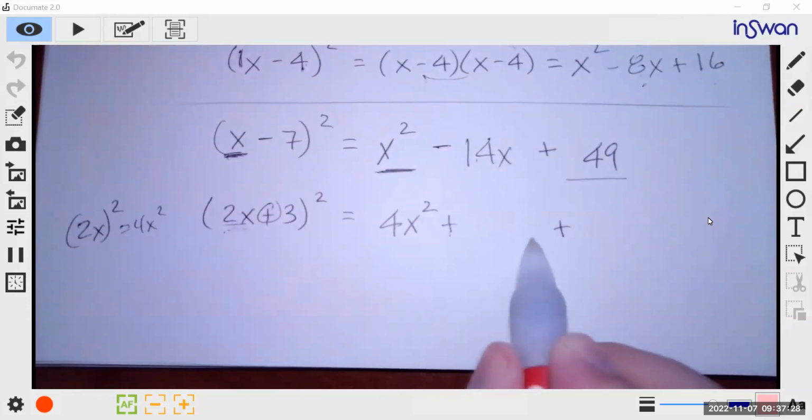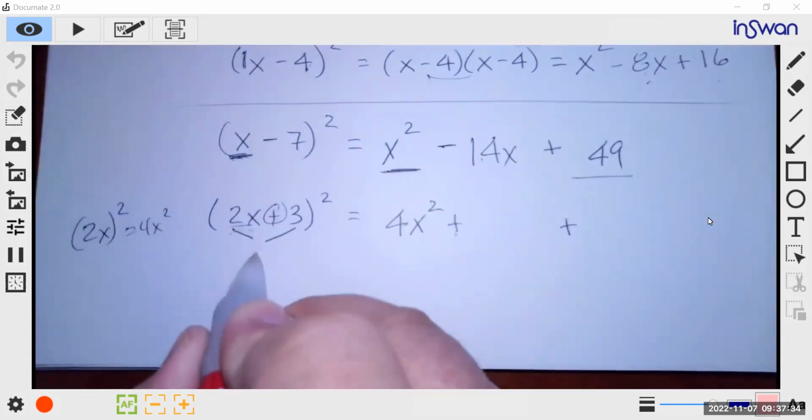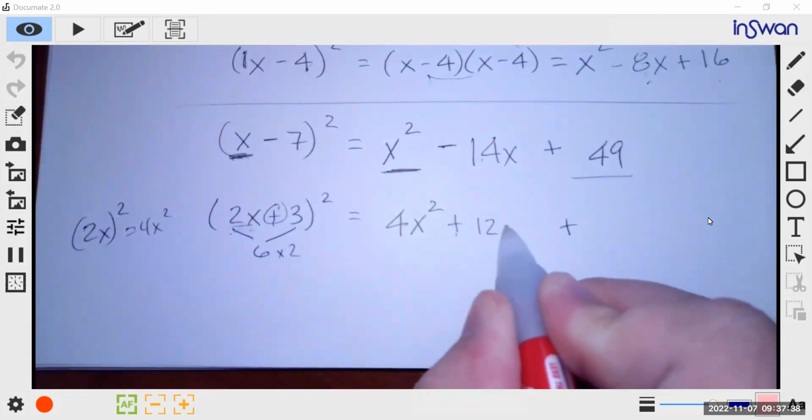Now, what's the middle number going to be? 3 times 2 is what? Times 2 is 12.